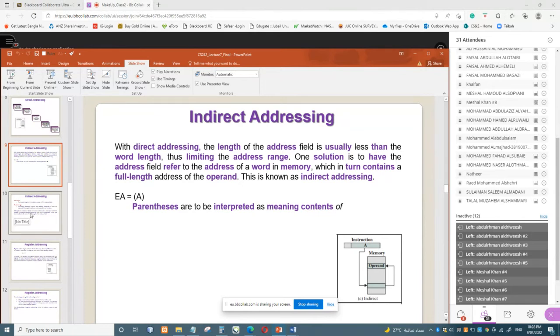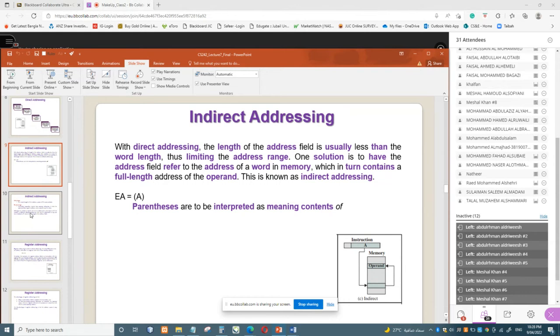Anyway, after finishing direct addressing, you can understand that direct addressing mode is not used nowadays, especially when you have a huge amount of main memory. When your memory size is very big, it is not possible to refer to one of the memory bytes in your instruction, because your instruction itself is 32 bit.